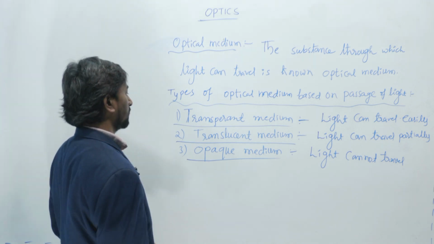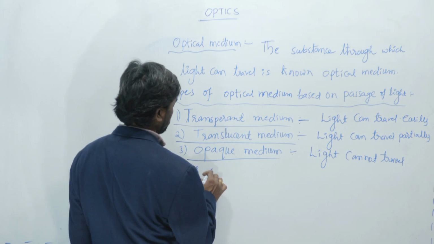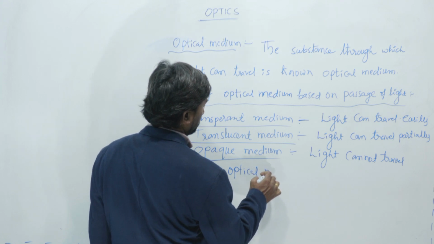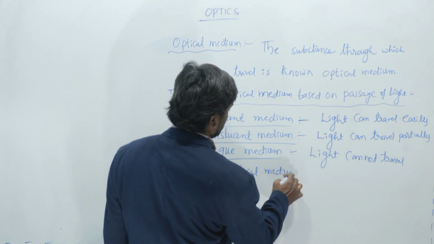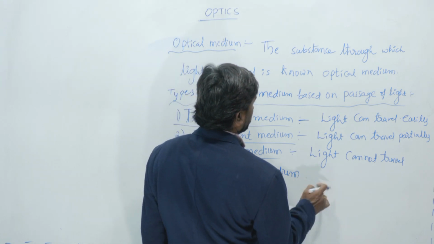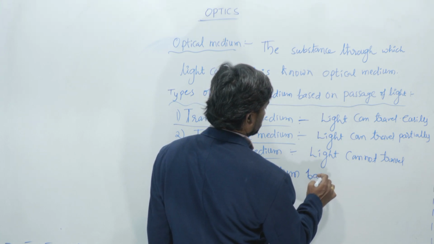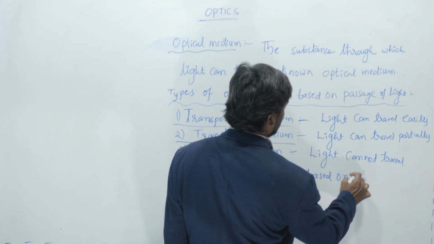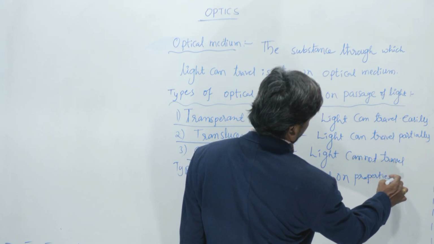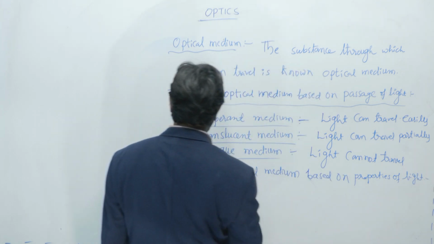Now, based on properties of light, we have the types of optical medium. Here there are two types.